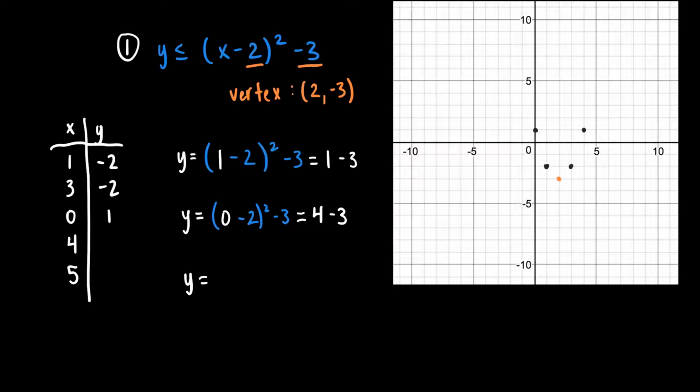So we've got y is equal to, now we're plugging in 5 for x, 5 minus 2 squared minus 3. That's 5 minus 2 is 3, and when you square 3, you get 9. So 9 minus 3 gives us 6. I forgot to put the 1 in there for the 4. So when we're at 5, the y value should be 6.